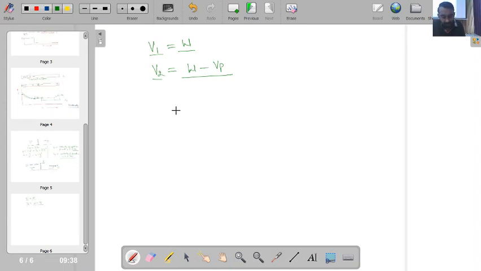The continuity equation becomes rho 1 W equal to rho 2 into W minus Vp.